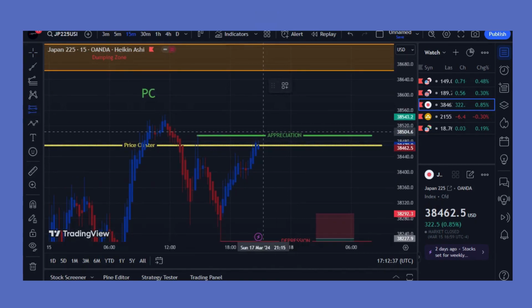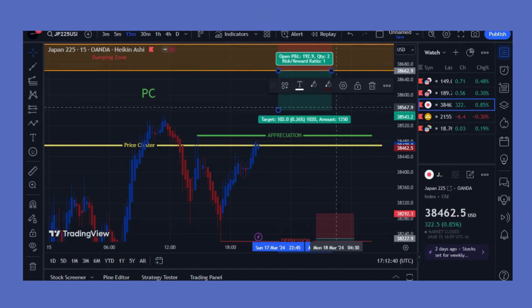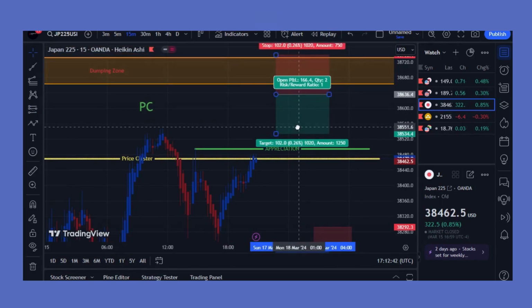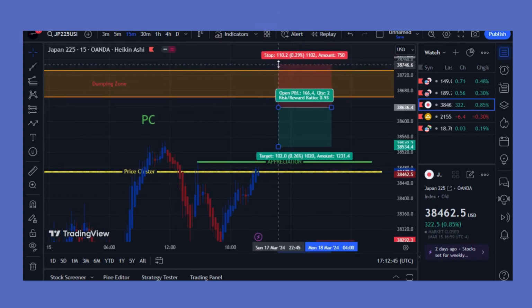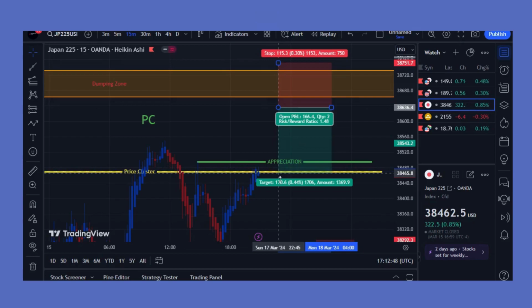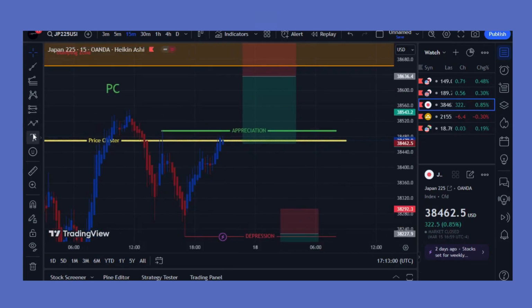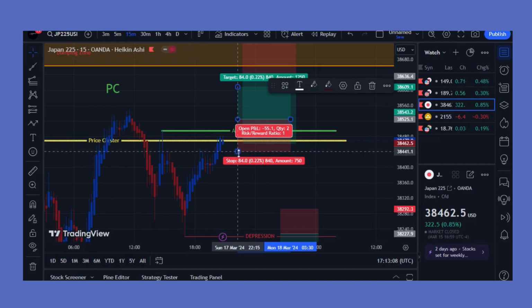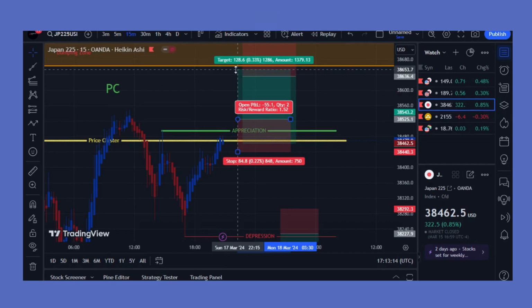Are we looking for another trade somewhere here in the dumping zone? Maybe just a couple of pips below the dumping zone. So short it, maybe 1 is to 1.5. A quick scalp trade, if it gets to the dumping zone. Or I'll see if the price maybe goes 20 pips above the appreciation level, and I'll be looking for 1 to 1.5 on the uptrend.